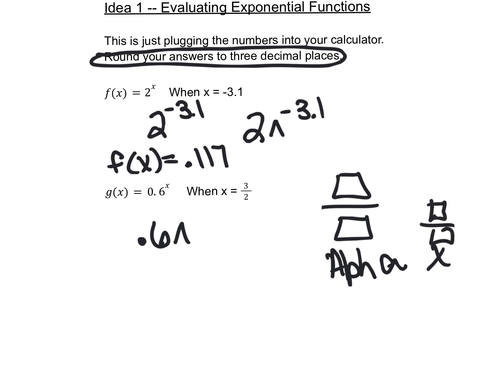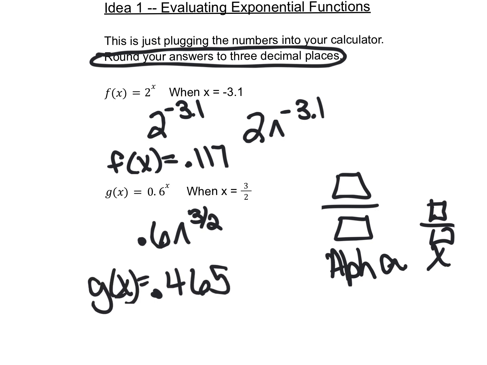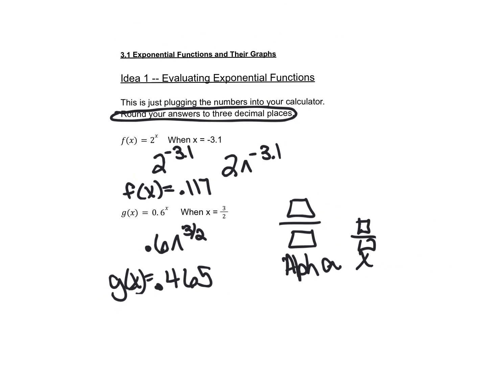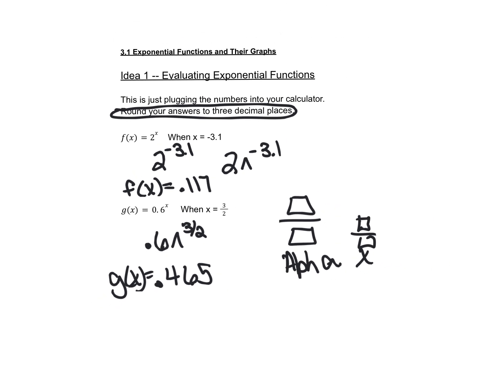That's how you're going to get the fraction. Otherwise, you can just do 3 divided by 2 and have 3 halves. And when you put that in your calculator, you should get 0.465. So g of x in this case is going to equal 0.465. Again, just a little practice with our calculator.